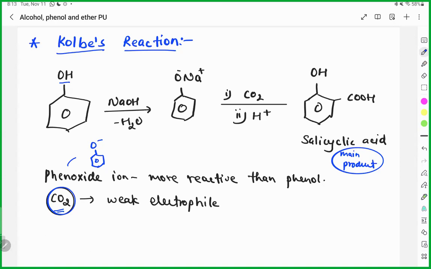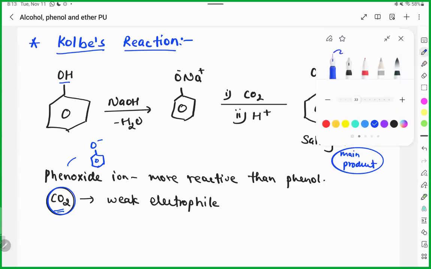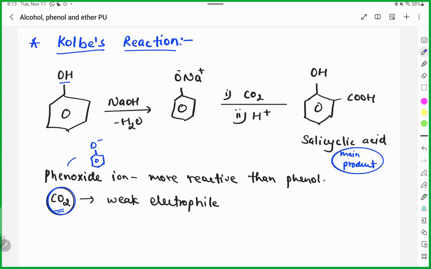Can you tell me what is the name of this compound? Is it 3-hydroxy benzoic acid? 2-hydroxy benzoic acid. Yes, very good. Because remember, COOH is top priority compared to OH. So you will always start from this and then this, according to IUPAC.